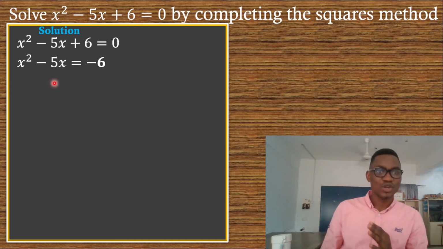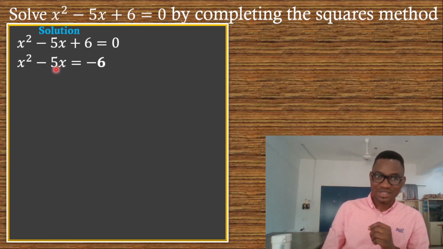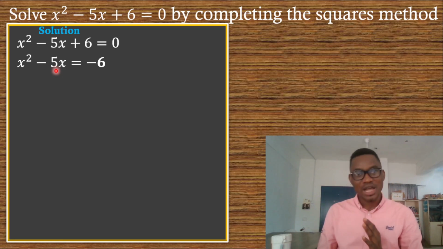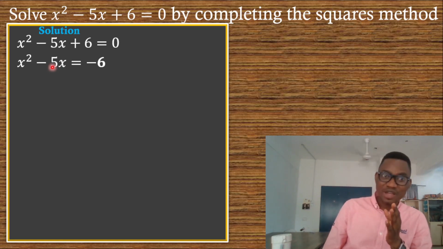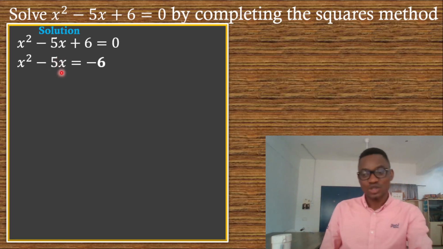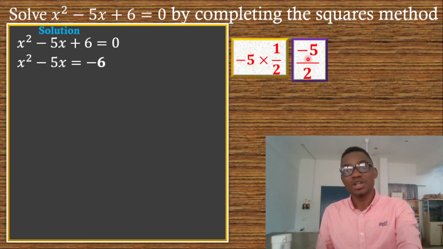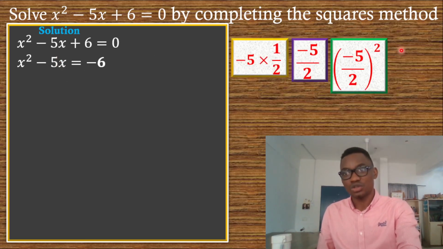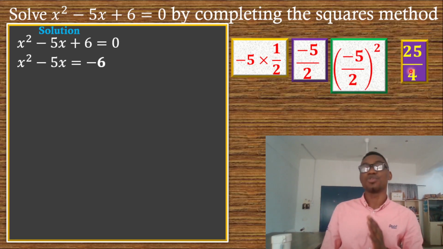Now guys, the next step is to make the left hand side a perfect square trinomial. How do we do that? We do that by multiplying the coefficient of x by half. As you can see, minus 5 is the coefficient of x. So we multiply it by half, then we square our result to get 25 over 4.